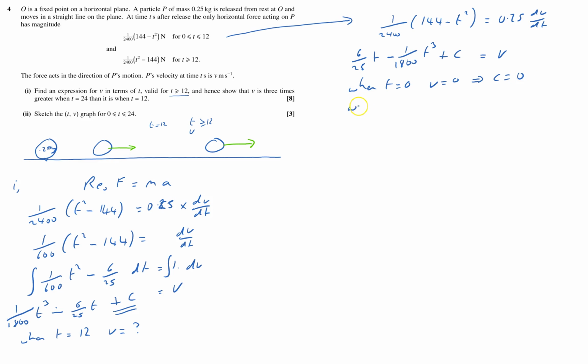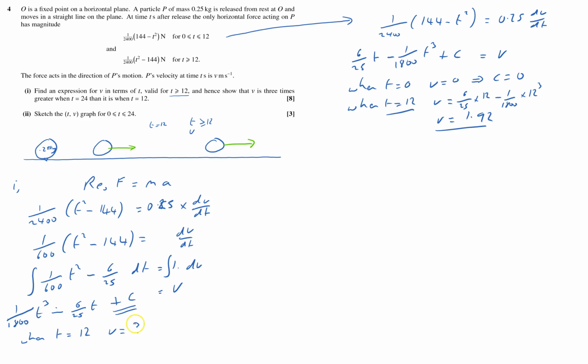I now need to find out when t equals 12, v equals 6/25 times 12 minus 1 over 1800 times 12 cubed. And so v equals 1.92 when t equals 12. So I can put this in here.